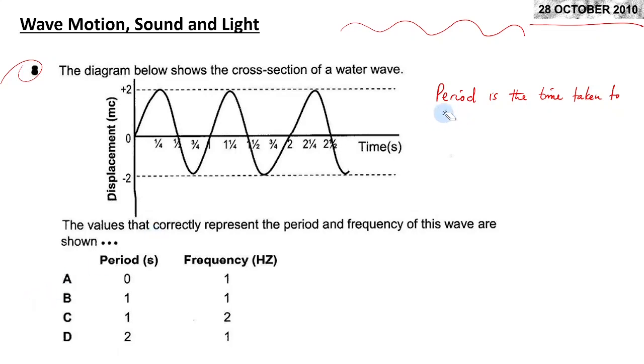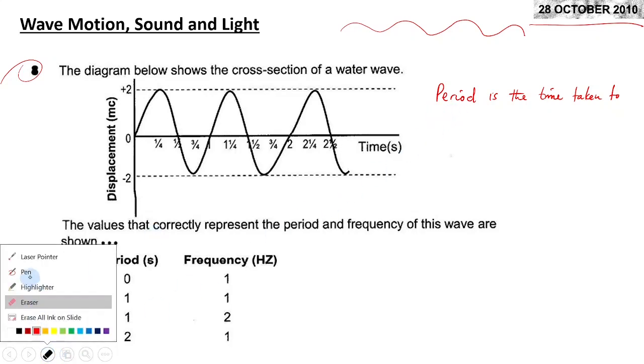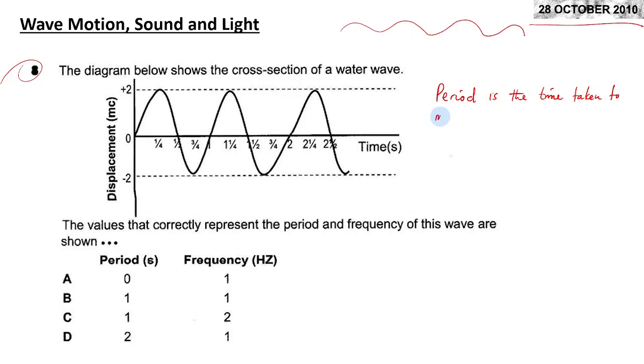It's the time taken to make a complete wave. That's what period is. Now, maybe wavelength, let me put wavelength so that you understand. So period is the time taken to make a complete wavelength. Then, now let me explain what wavelength is.